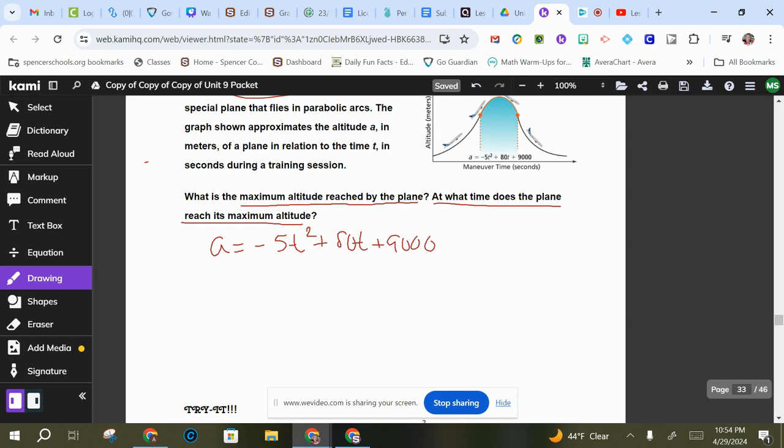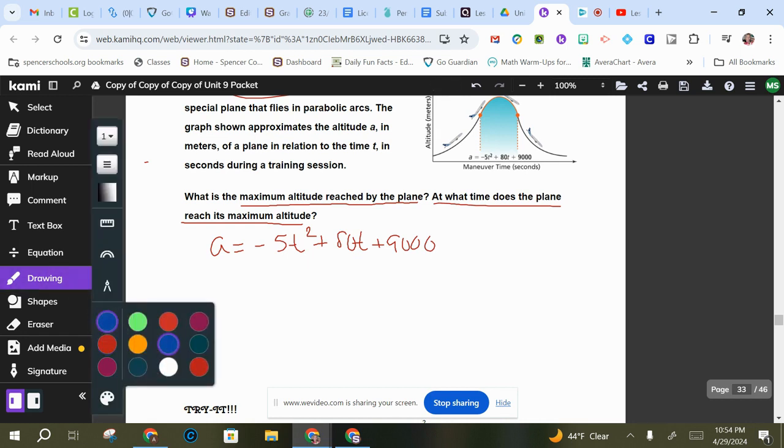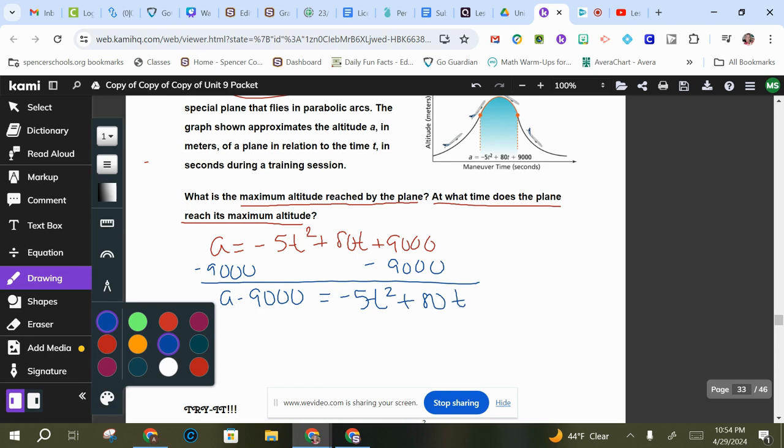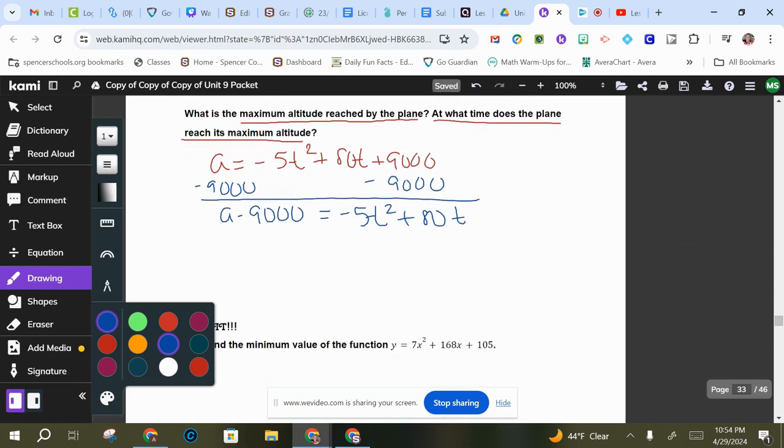So get rid of that little old c by subtracting 9,000 from both sides, which would leave you with A minus 9,000 equals -5t squared plus 80t. Now, we don't want to divide everything by -5, because that would make my a negative 1/5, and that would be a disaster.